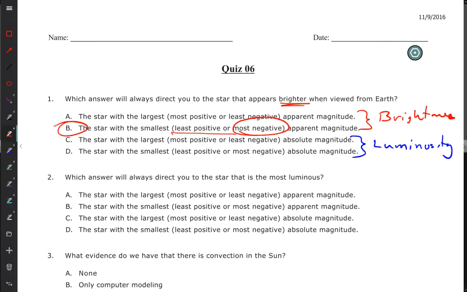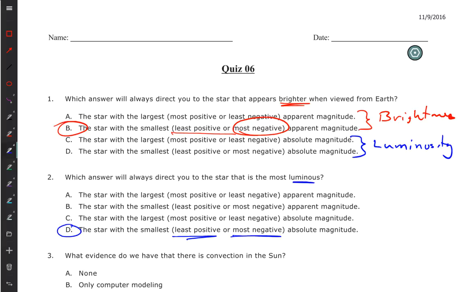Now the second question asks us about luminosity. What's the most luminous? So that means the answer is going to be C or D. But we still have the same rule: the least positive or most negative. I just did that backwards.